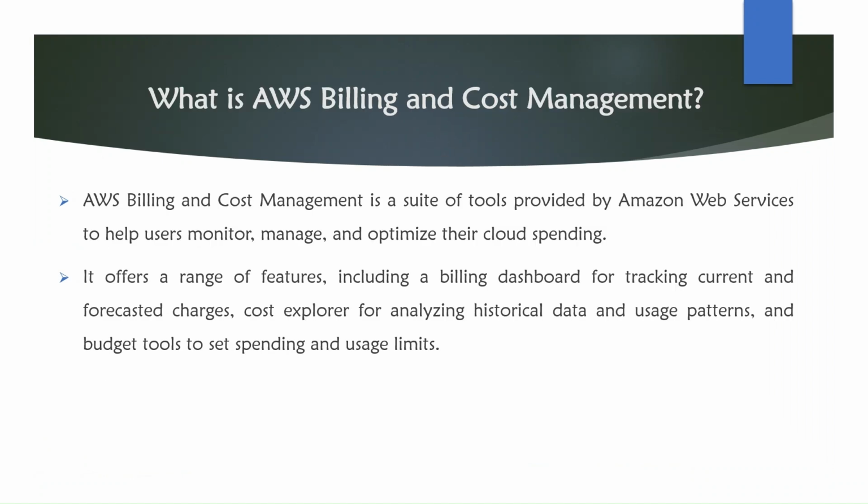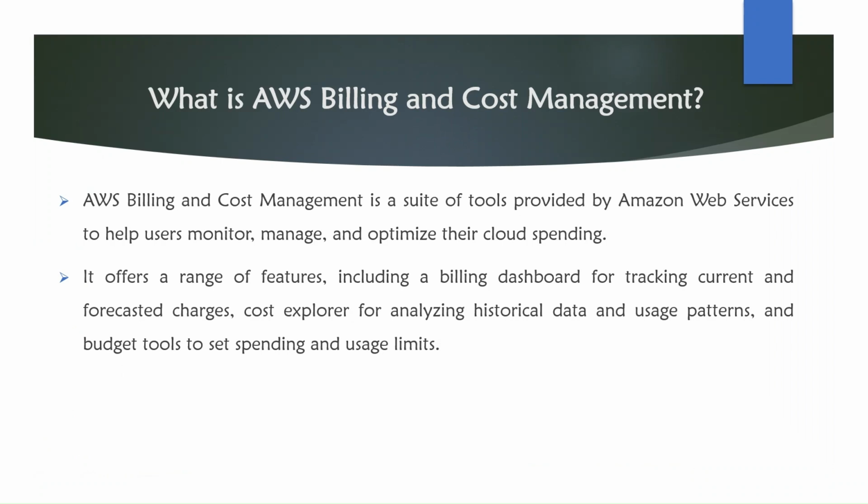So, what is billing and cost management? It's a tool provided by Amazon Web Services to help users monitor, manage, and optimize their cloud spending. It offers a range of features including a billing dashboard for tracking current and forecasted charges, Cost Explorer for analyzing historical data and usage patterns, and budget tools to set spend and usage limits.